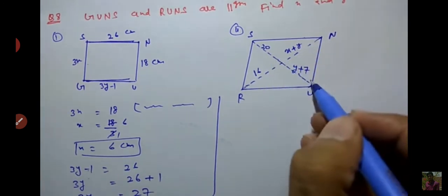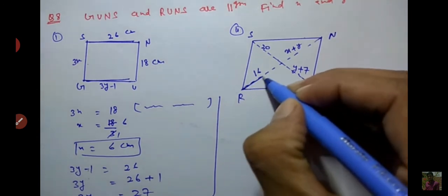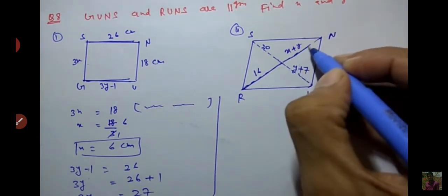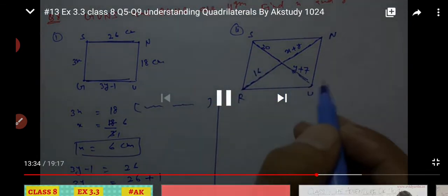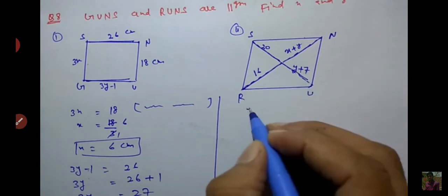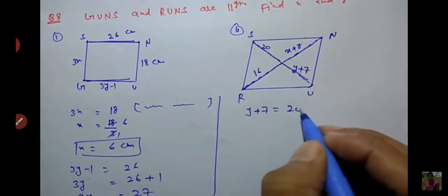Now you know, in a parallelogram, diagonals bisect each other. Bisect means divided equally into two parts. So x plus y is equal to y plus 7 is equal to 20. It's given.